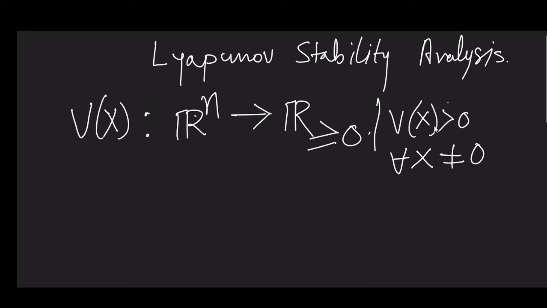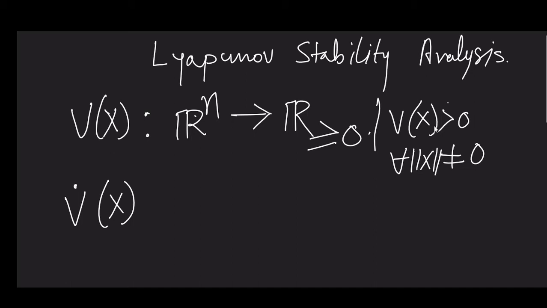Sorry, here it should be norm x not equal to 0. Now, one question that should come to our mind: can we figure out V dot x directly?